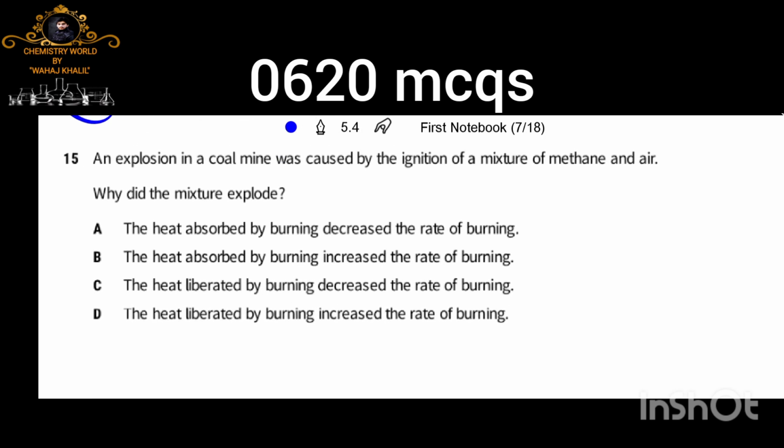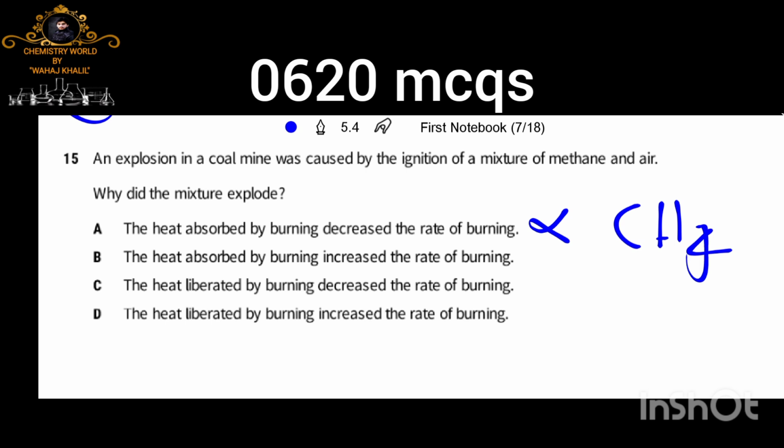Now the MCQ number 15. An explosion in a coal mine was caused by the ignition of a mixture of methane and air. Methane is CH4. Air, as we know, is a mixture of gases. Why did the mixture explode? The heat absorbed by burning decreased the rate of burning. It's not, because here the rate of burning would decrease.